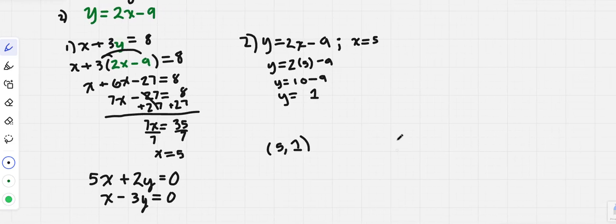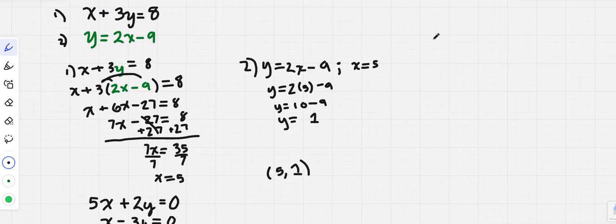Let's check it. We can use equation 1 to check it, or 2, it doesn't matter. x plus 3y equals 8. Instead of x, we're going to put the number 5.